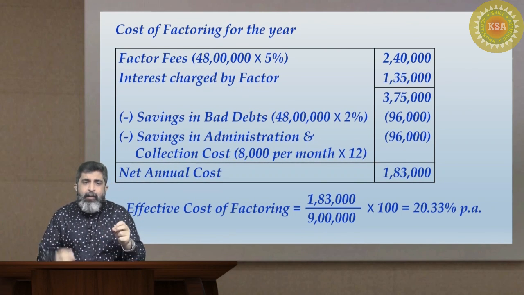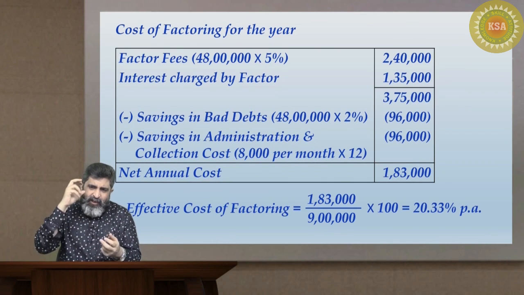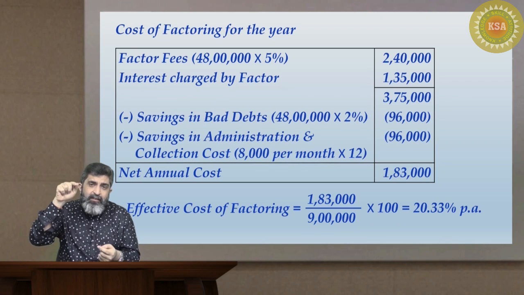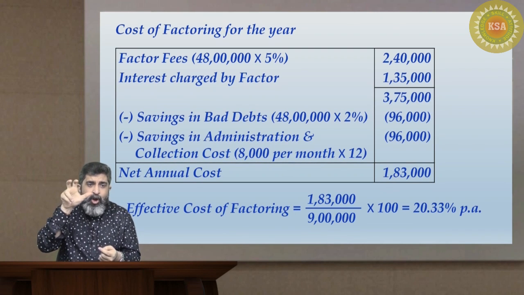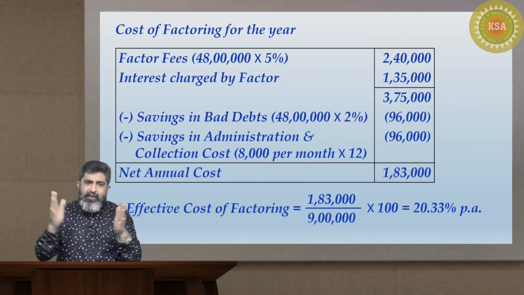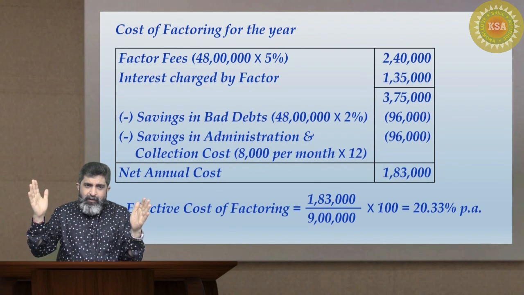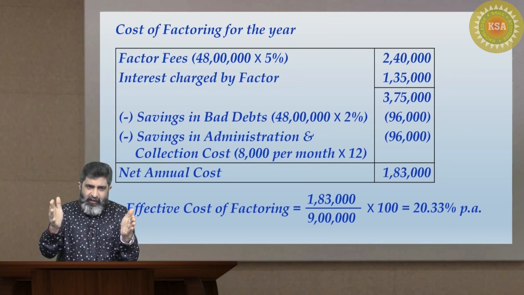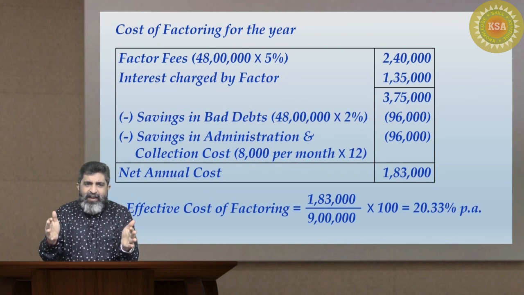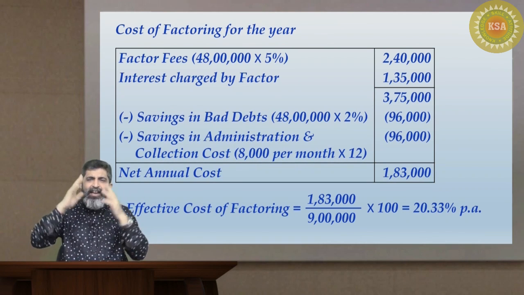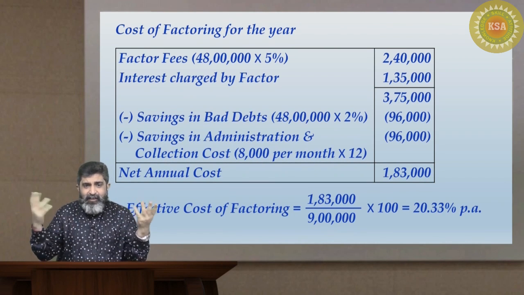Second doubt about interest: sir, why are we computing interest at 15% per annum on 9 lakhs if it is for the whole year? If it is for the whole year, then why are you considering 9 lakhs of advance? 9 lakhs was advance in one cycle, so for 4 cycles advance will be 4 times 9 lakhs, 36 lakhs.